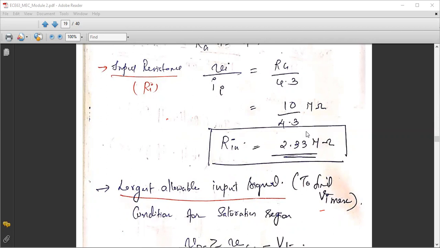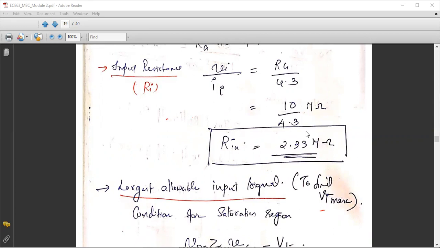Why I am fixing the Q point in the middle of the saturation region is because whenever we are giving an AC input, there are some fluctuations in your bias current also that will result in your Q point shifting either towards the cutoff point or towards the triode region. Anyway, the Q point is going to shift, but this shift should not be too extensive, such that your output signal will clip off.